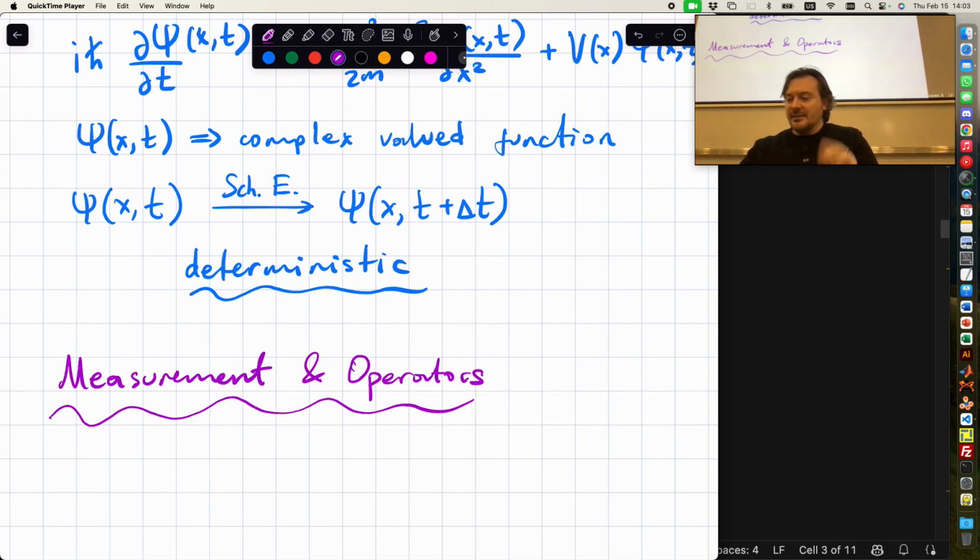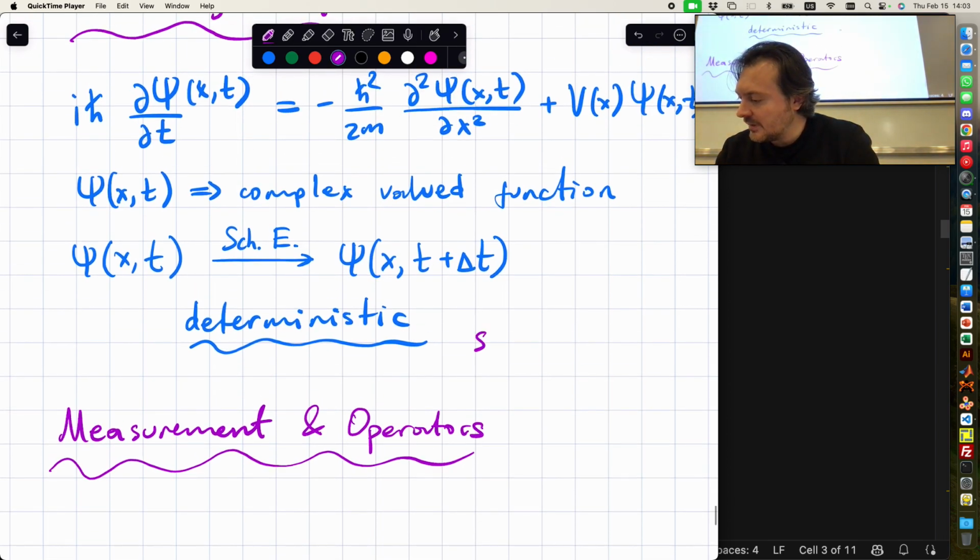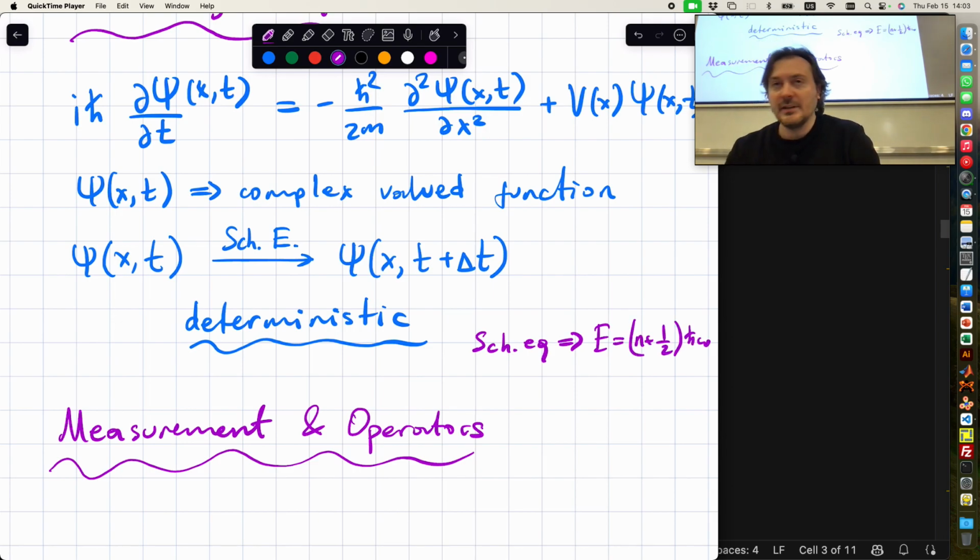Only, from the Schrödinger equation you get not E equals n h bar omega, but just a little bit different: E equals (n plus 1/2) h bar omega. Close enough, right?